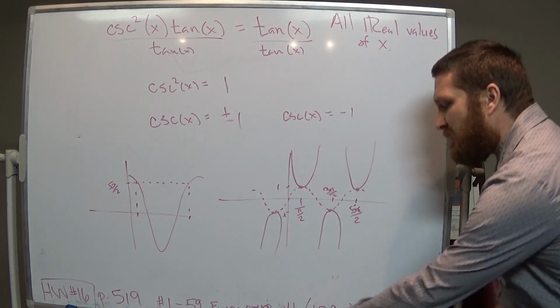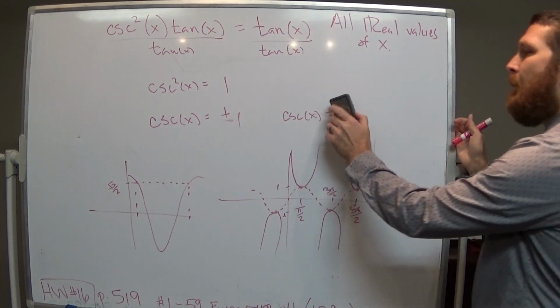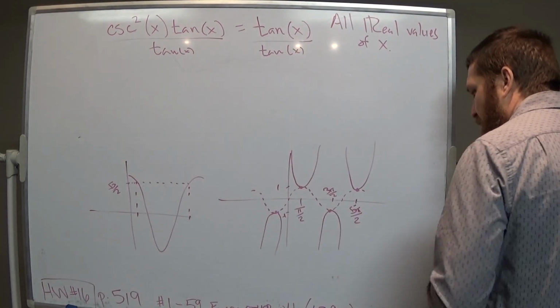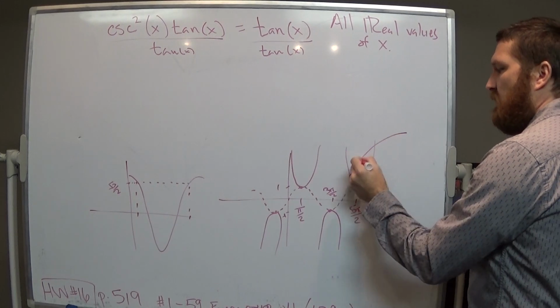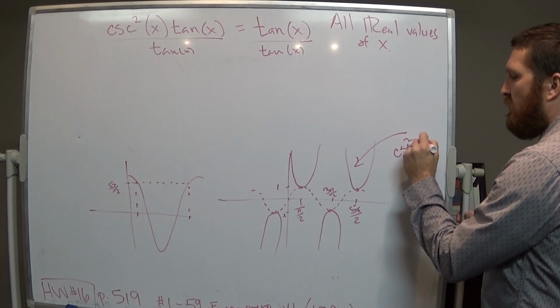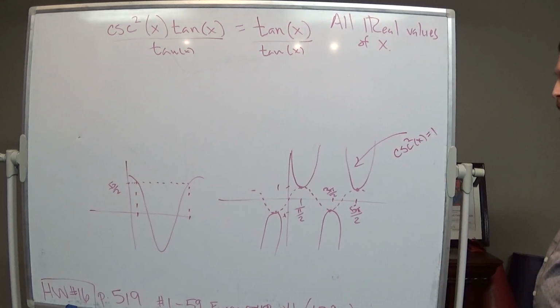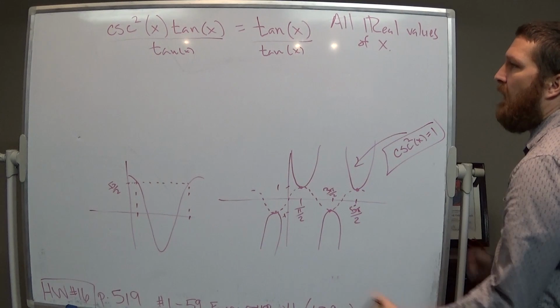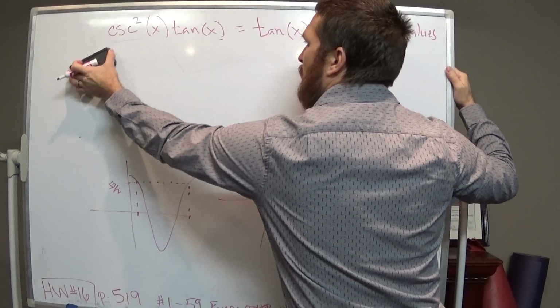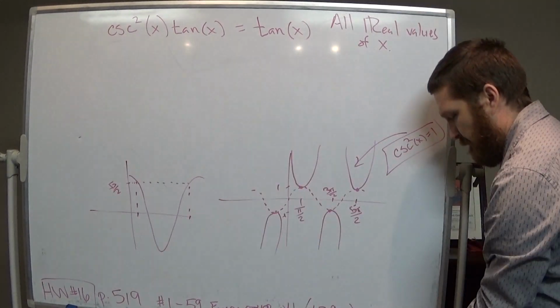And so what I'm going to suggest here is that the better way of going about doing this, and remember this came from, we got all of these solutions, which we haven't written down explicitly yet. These all came from cosecant squared x equals 1. Okay, that's what we got from there. But this is the way I'm going to suggest that you deal with these, because you're going to see a bunch of these in your homework. Notice I put the homework at the bottom there.